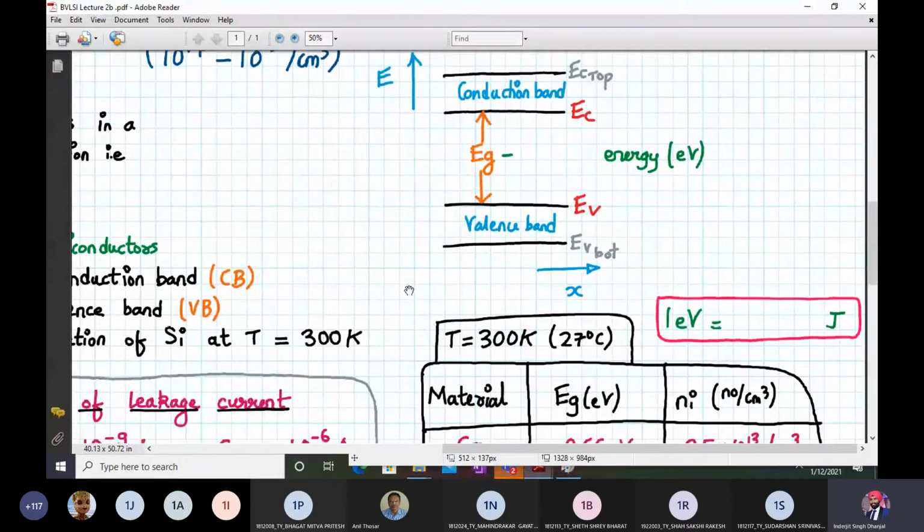Okay, energy is always calculated in joules, correct? So when we write 1 electron volt, what does that mean?